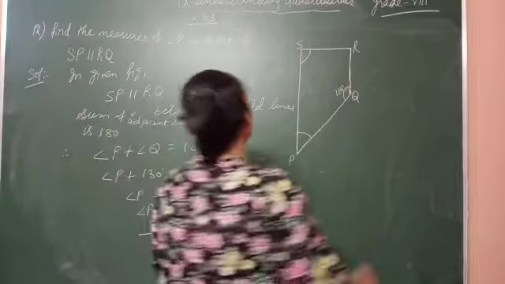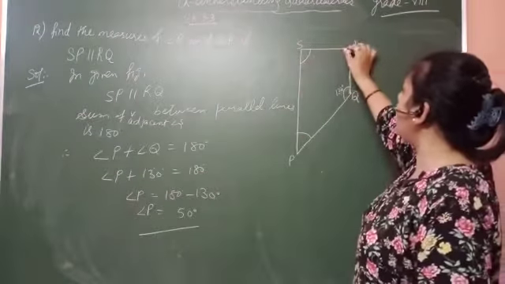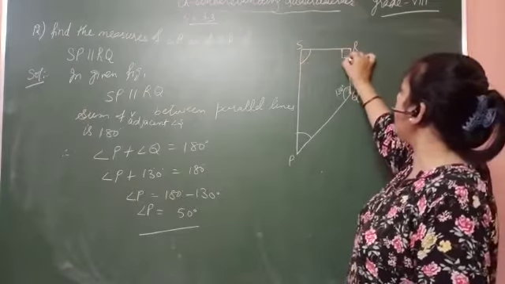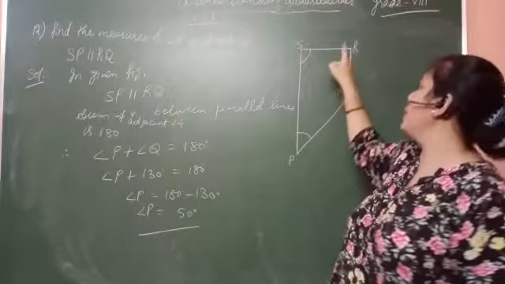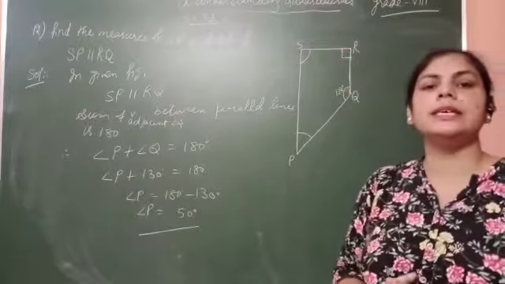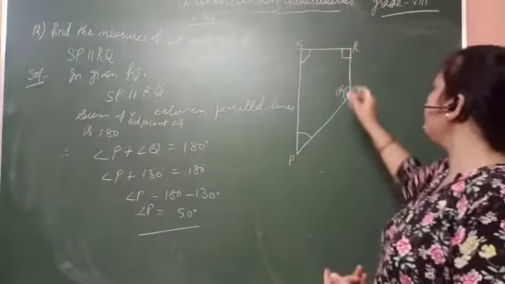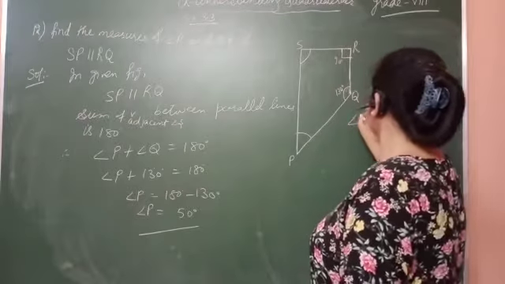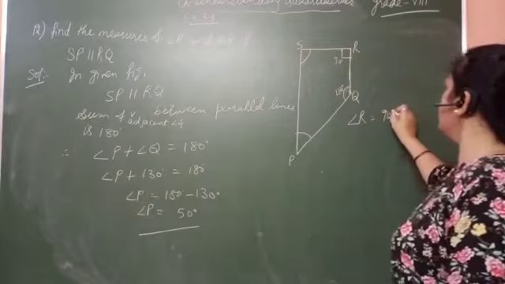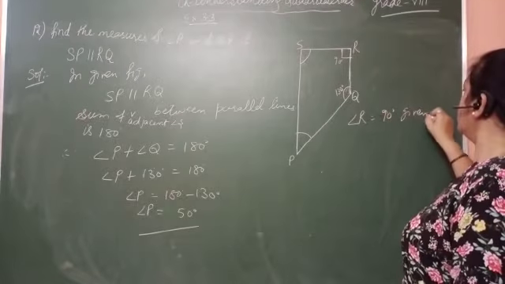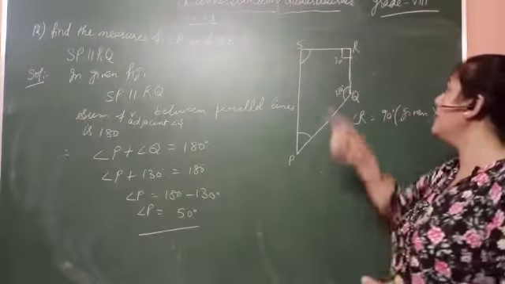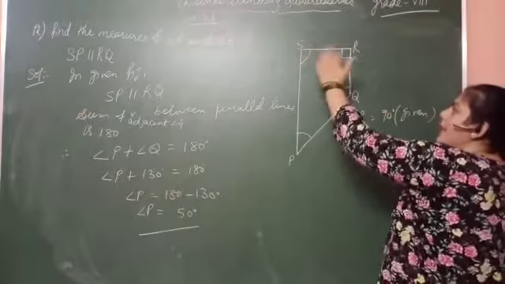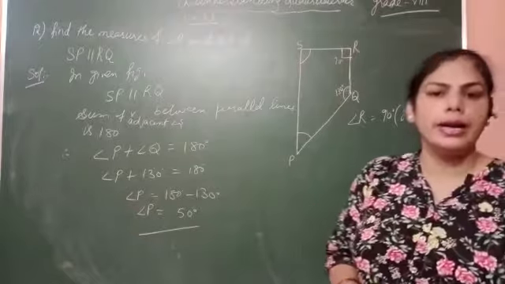So now we have to find angle S. यहाँ पे angle R क्या है? ये proper ऐसे बना, that means this is a 90 degree angle here. So angle R is 90 degree. So here we can also apply the sum of adjacent angles between parallel lines, or you can also apply the sum of angles in a quadrilateral.